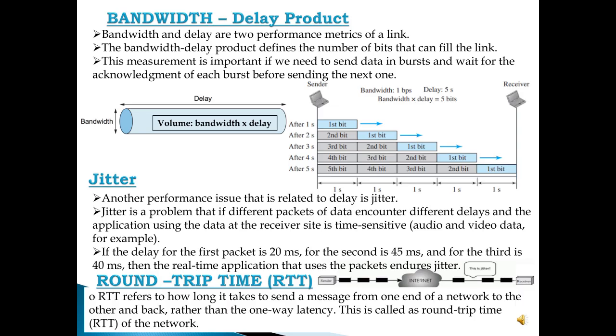For example, if the delay for the first packet is 20 ms, for the second is 45 ms, and for the third it's 40 ms, then the real-time application that uses the packets endures jitter.